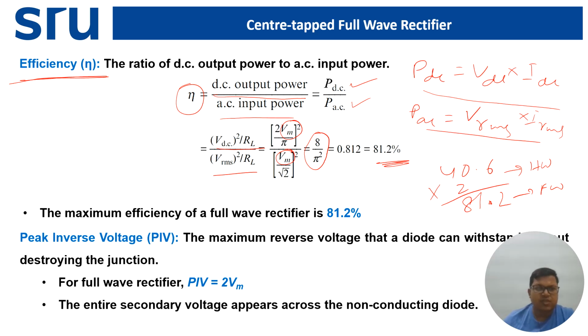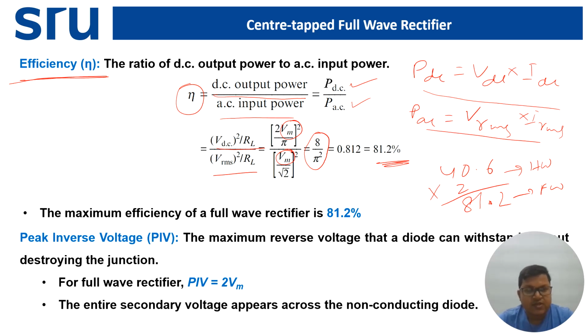Now we come to the peak inverse voltage. This is the maximum reverse voltage that a diode can withstand without destroying the junction. What is the maximum reverse voltage it can withstand before being burned out? For the full wave rectifier, this PIV is twice Vm.